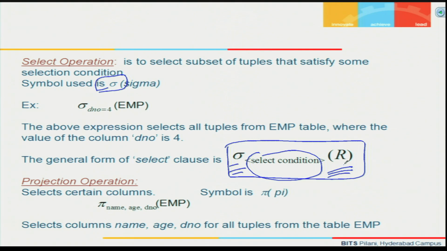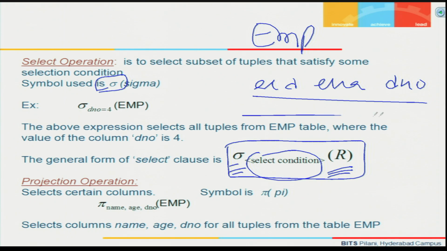It could be one condition or more conditions, which can be joined using logical operators and, or. This is the general form of the select clause in relational algebra. For example, let us assume that there is an employee relation or employee table which has employee ID, employee name, and department number, and the name of the relation is employee.